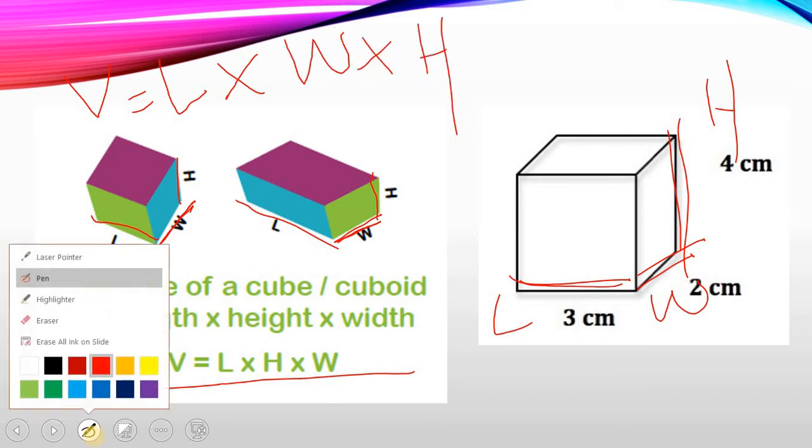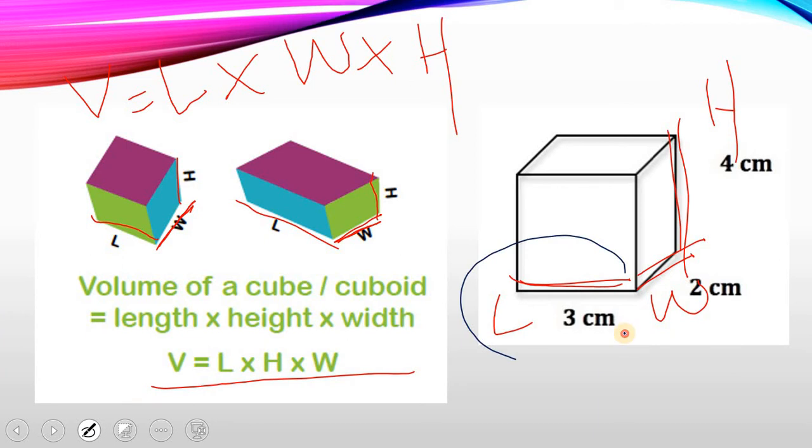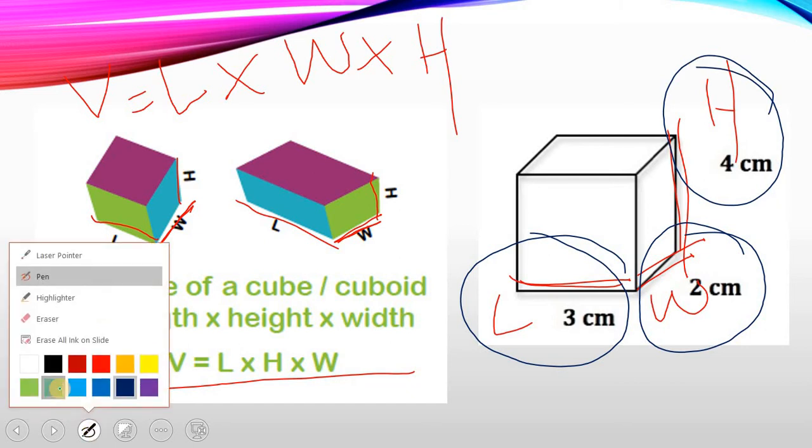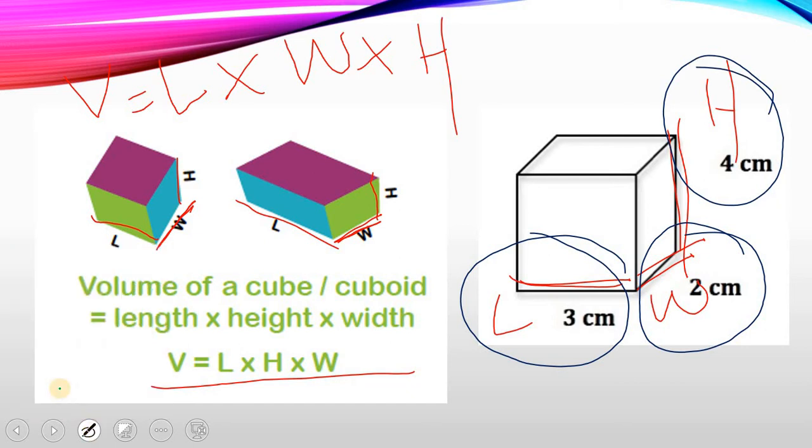So ni kita sudah tahu length adalah 3 cm, width adalah 2 cm, height adalah 4 cm. So you only have to multiply. Kamu hanya perlu darab 3 darab 2 darab 4. So 3 darab 2 jawapan dia adalah 6.